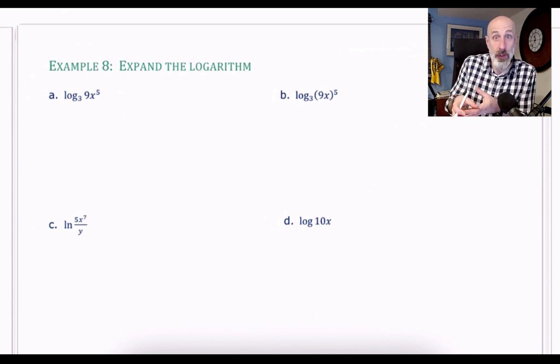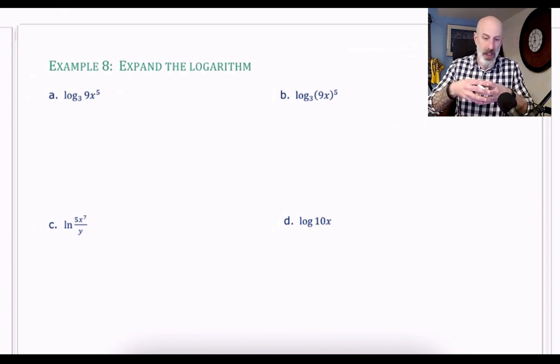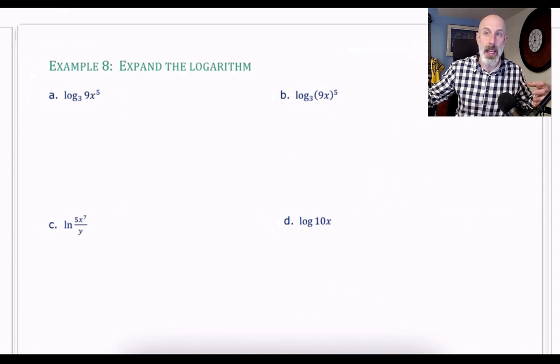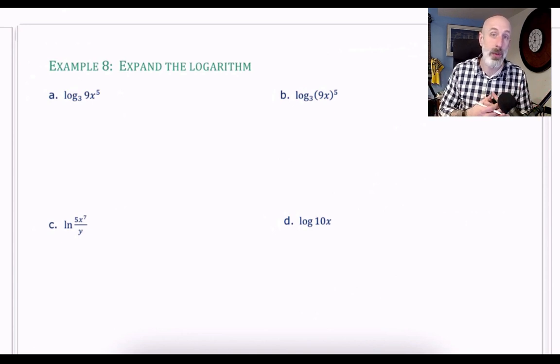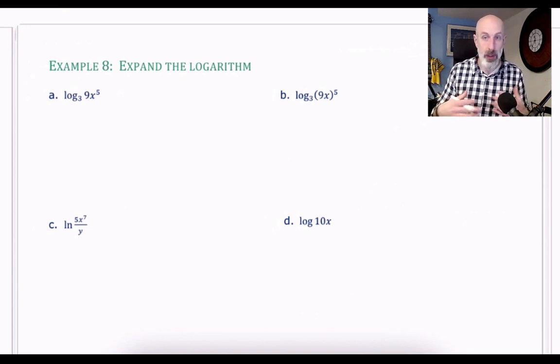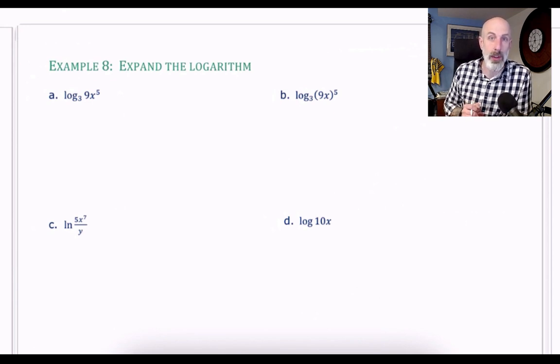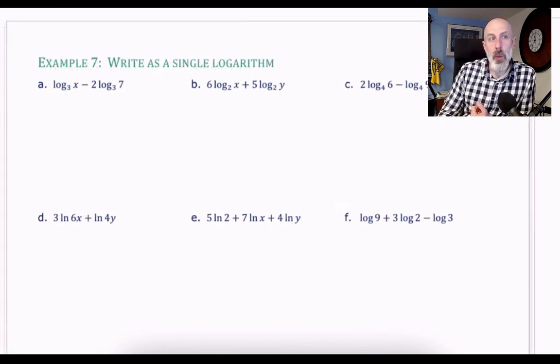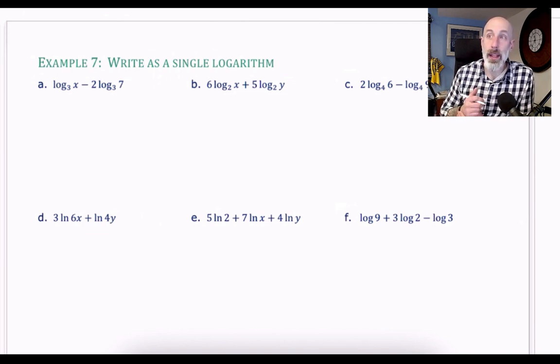Here we have just a single log, and we're going to try to expand it as much as possible. And if along the way anything simplifies, we will. So if we do get a certain log that can turn into just a single number, let's do it. I think I'll do one from each section just to illustrate what we're looking for. And then these are the ones I'll turn you loose on.